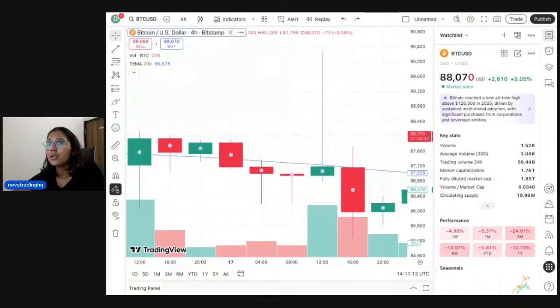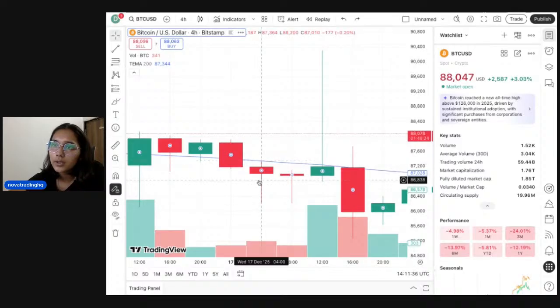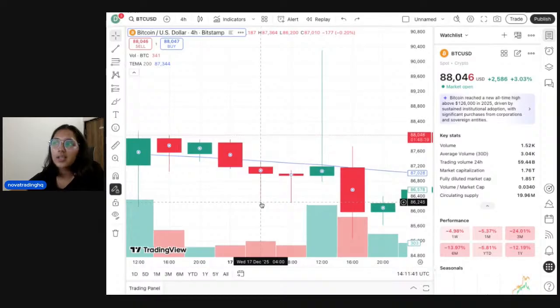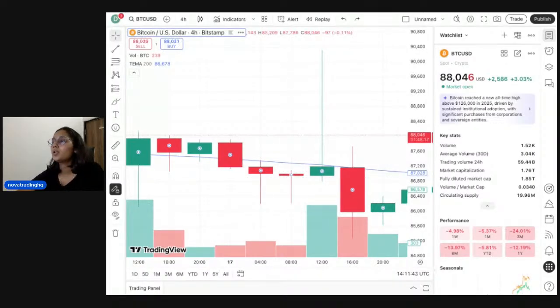It was trading at approximately 86,200, and the upper wick was at 87,357. So the body is approximately 500. The anatomy is about 500, right? Look at this: 87,300, 86,200.